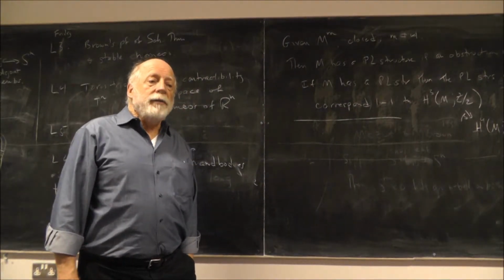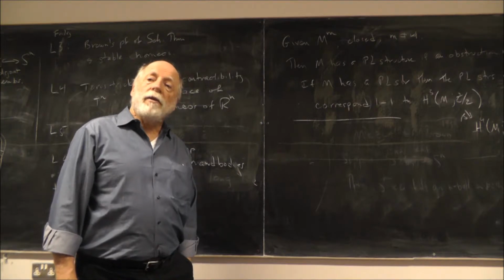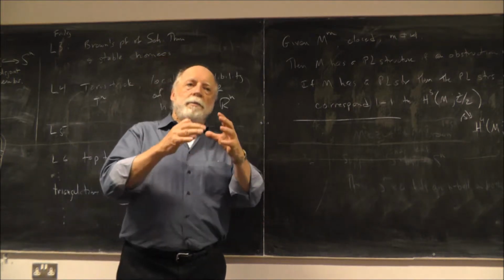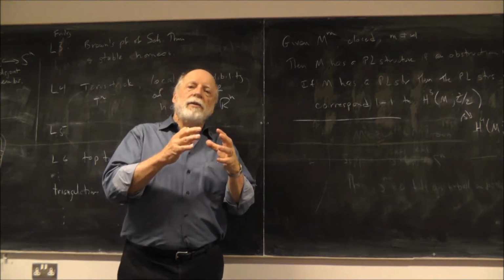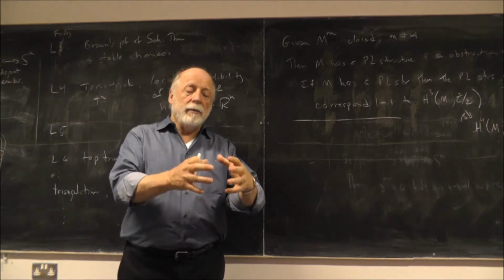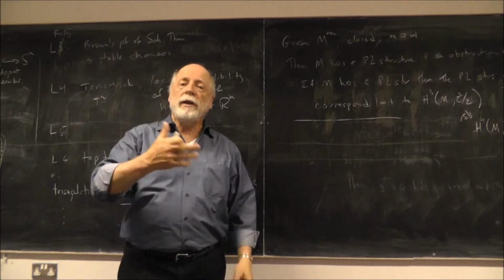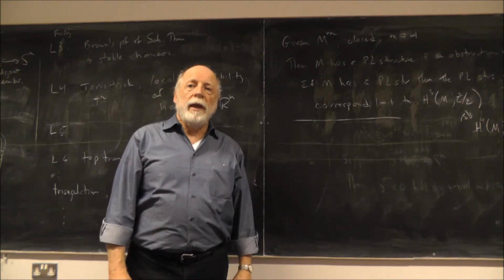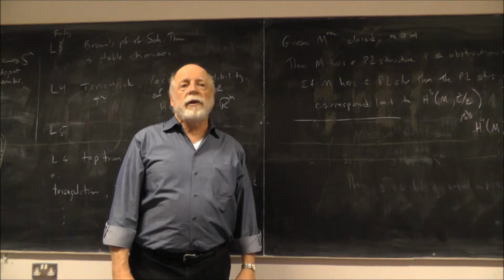For example, the 5-sphere has different triangulations. It has a unique piecewise linear structure, but using these other kinds of triangulations, you take any homology 3-sphere, suspend it twice, and you get the 5-sphere topologically. So those have strange triangulations.